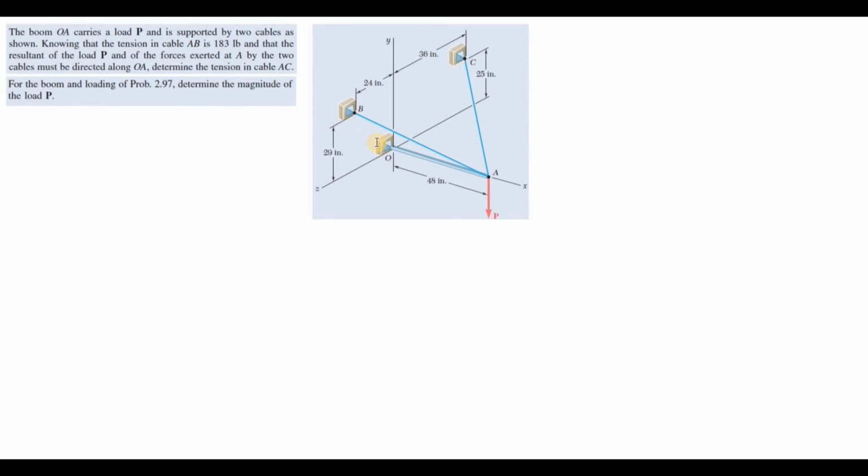So in this problem, we need to determine the tension in cable AC, as well as the load P. First of all, I want to set up the free body diagram at the end of the boom at point A. So I'm just going to redraw the coordinate system.